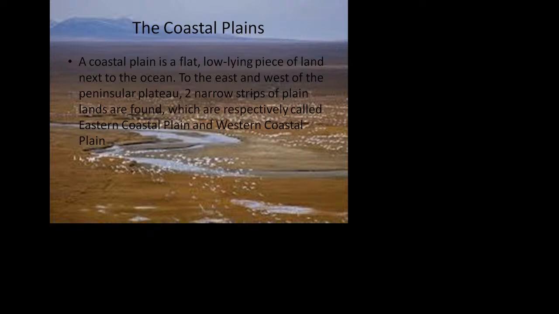If I talk about the western coastal plain, it is divided into three sections. The highly rugged and dissected coastal plain in the north is called the Konkan coast, that is Mumbai to Goa.